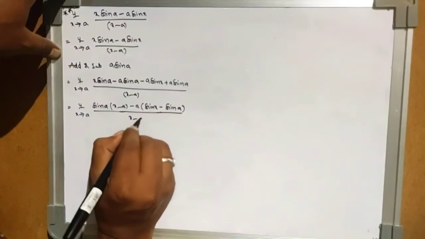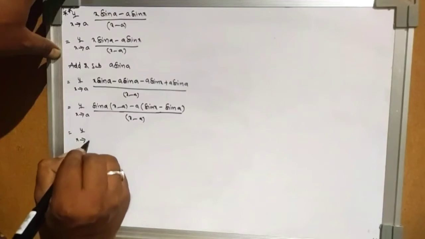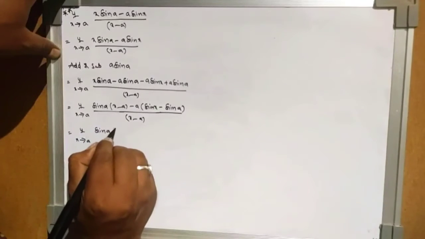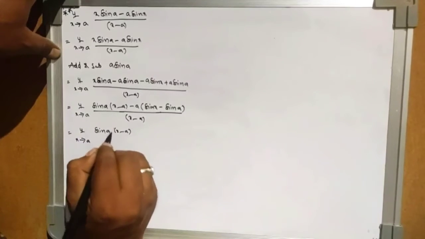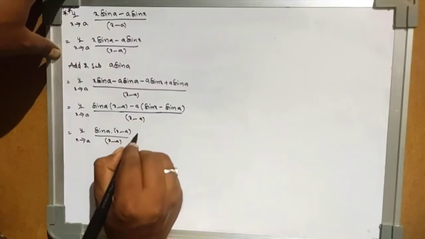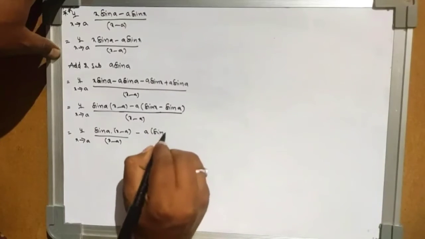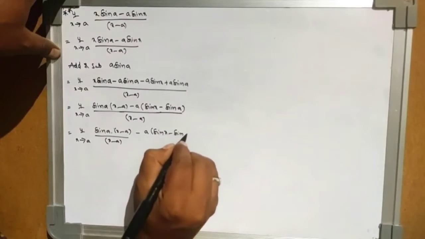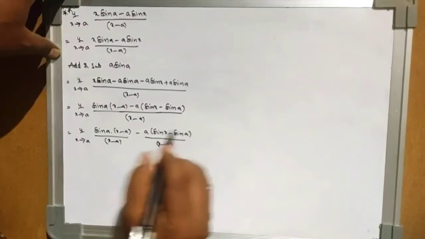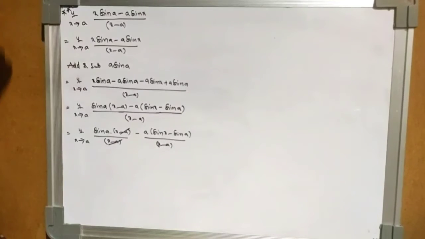So we have x minus a here, so we can write it as limit x tending to a of sin a into (x minus a) by (x minus a), then minus a into (sin x minus sin a) by (x minus a). Here x minus a gets cancelled, so we have only sin a.